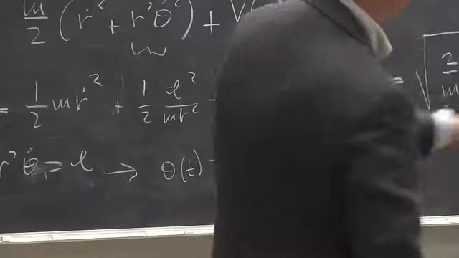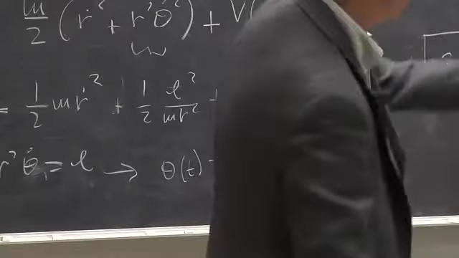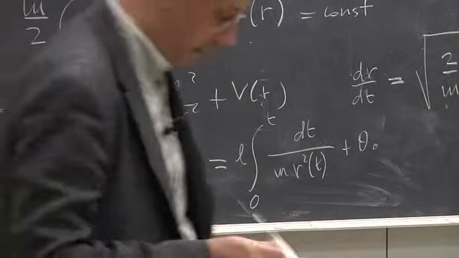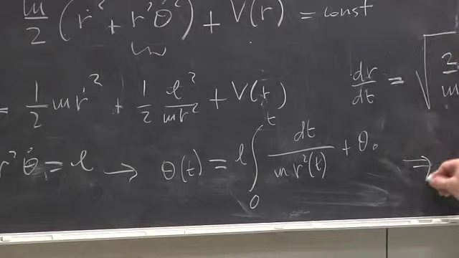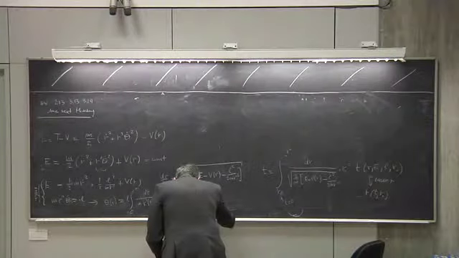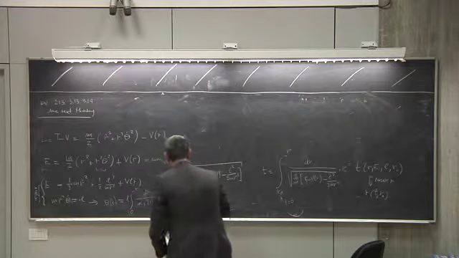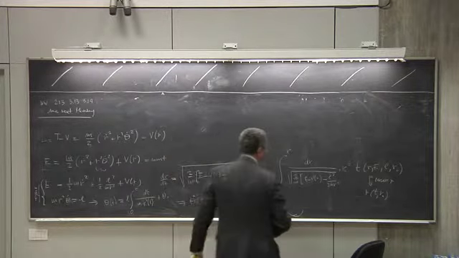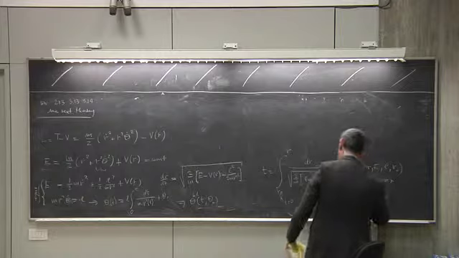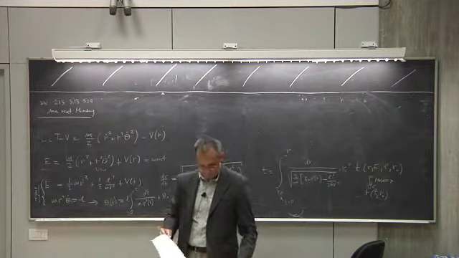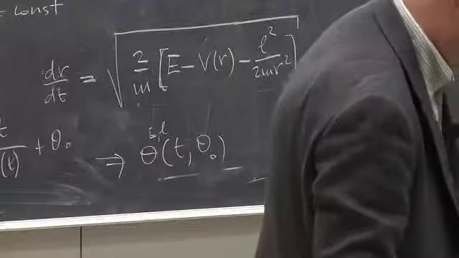So once I have r of t, the trajectory, I put it here, and I do this integral, I get theta of t, and I've completely solved the problem. So this is theta of t and the initial angle, given the energy and the angular momentum. Okay?